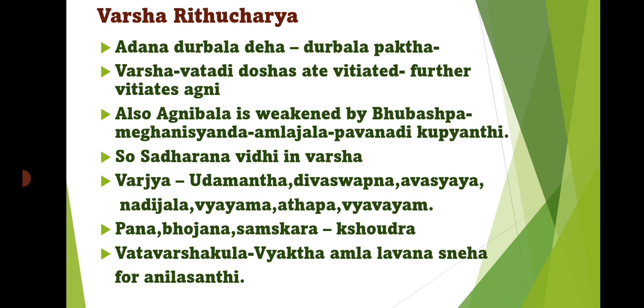Adana Durbala Deha vitiates Agni, and then the Varsha, the excess cold, also vitiates Vata, and hence Agni is further vitiated. Also Agnibala is weakened by Bhubashpa, that is after the rains, the Bhubashpa, the gas, evaporates out and also weakens the Agni. Megha Nishyanda, Amla Jala, Pavanadi Kupyade also causes Vatadi doshas to increase.